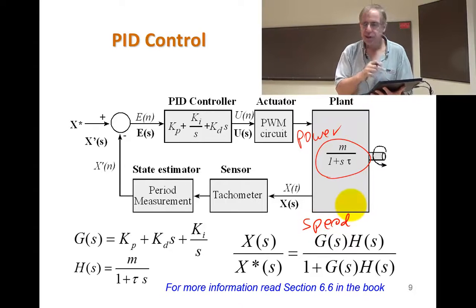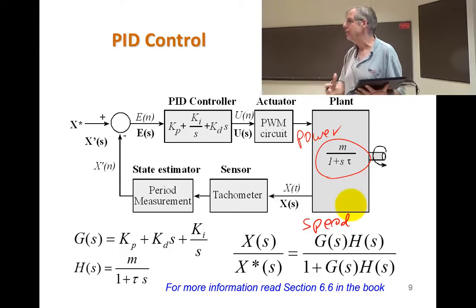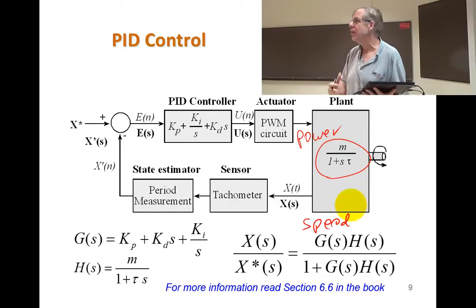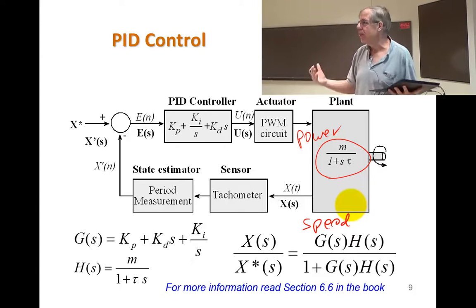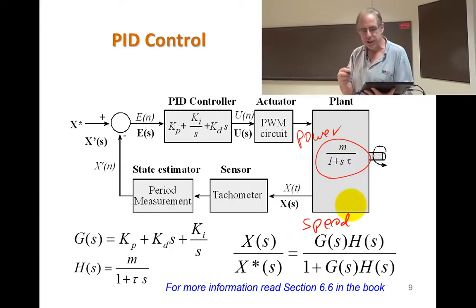Okay? And this transfer function is a simple one. It's a first order, that's the equivalent of an RC circuit, right? So it has a gain and an exponential transient response. Okay? So this is the equivalent of an RC circuit, this transfer function.